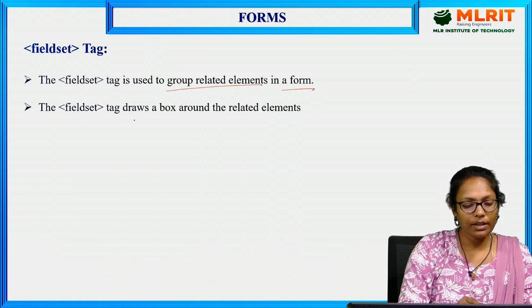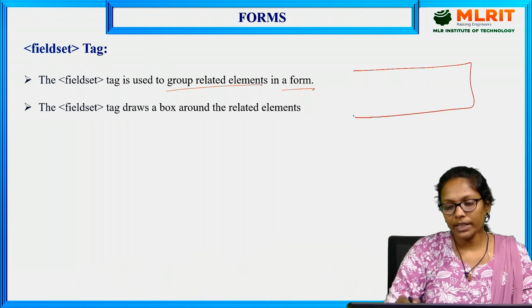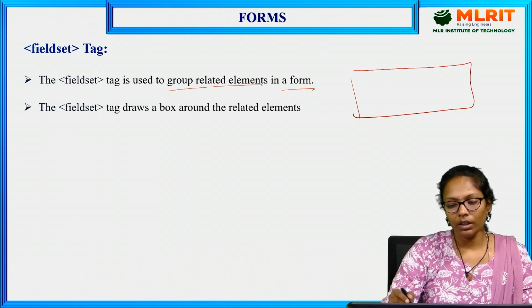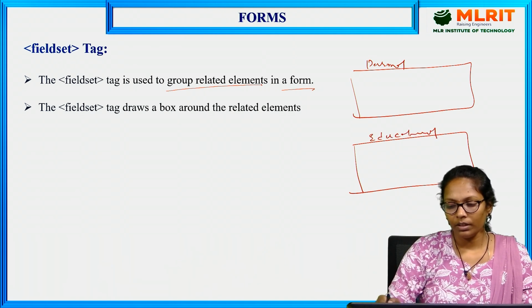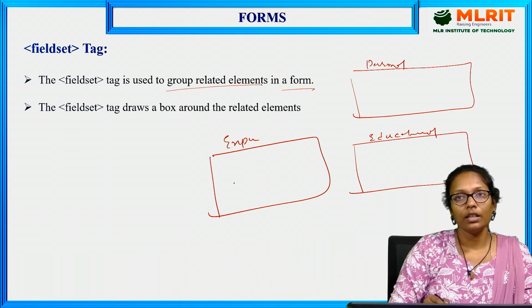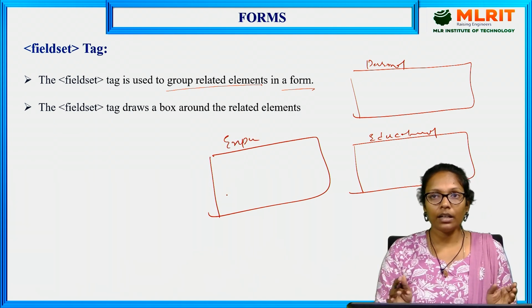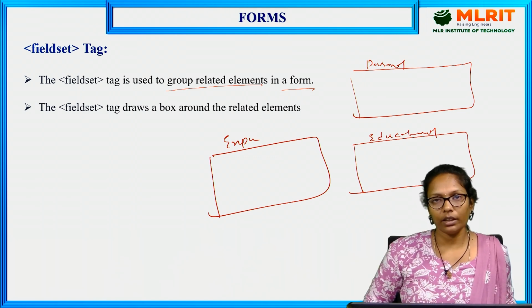The field set draws a box around the related items. For example, these details are related to personal, so I can give a name as personal. And the next set of details are related to educational. And the next set of details are related to experience. So like that, I can make a group of elements in a box, and that box you're calling a field set.